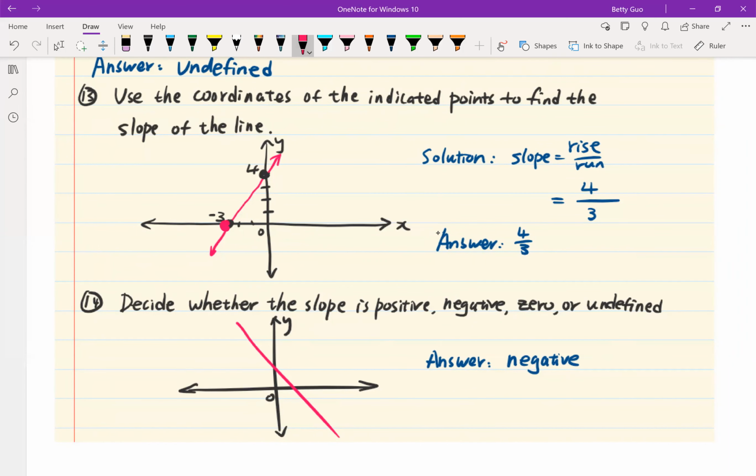If we go from the red point to the blue point, we go up. So rise is positive. We go to the right, run is positive as well. You can see we rise 1, 2, 3, 4 units. And to the right, we have 3 units. Rise is 4, run is 3. Gives you the slope equals 4 over 3.